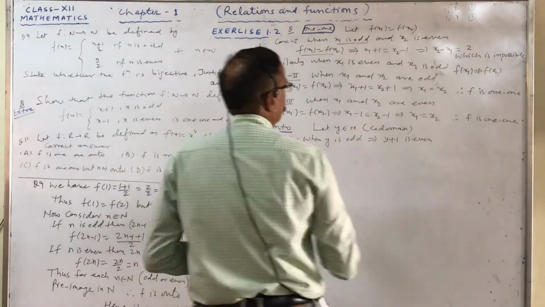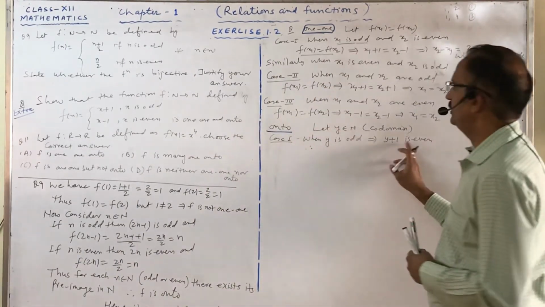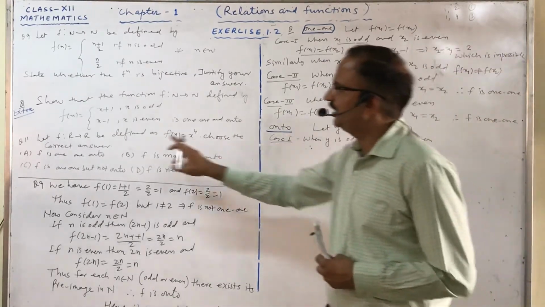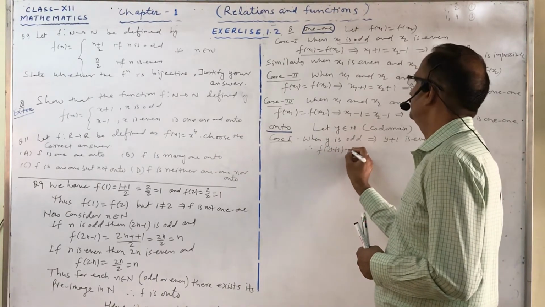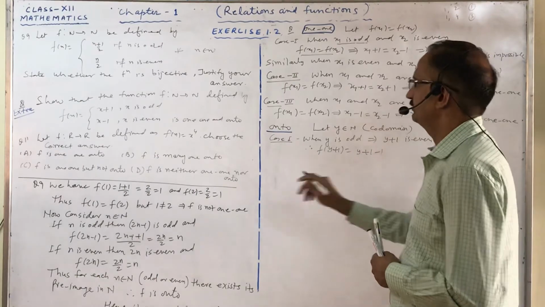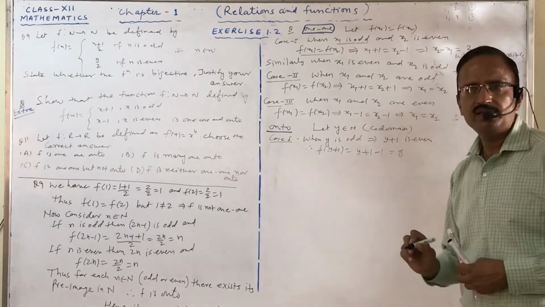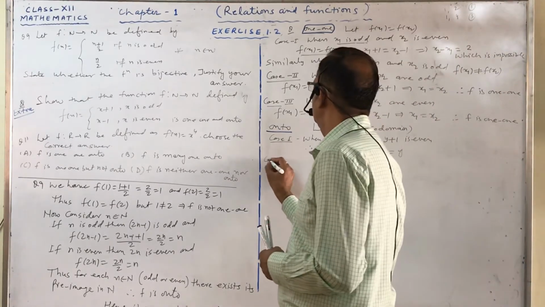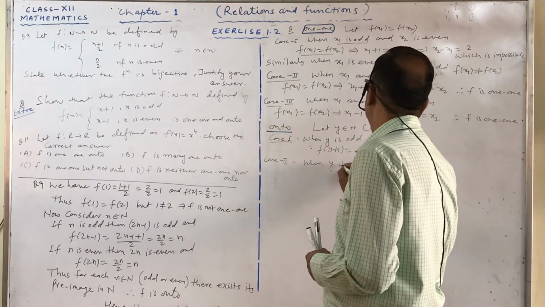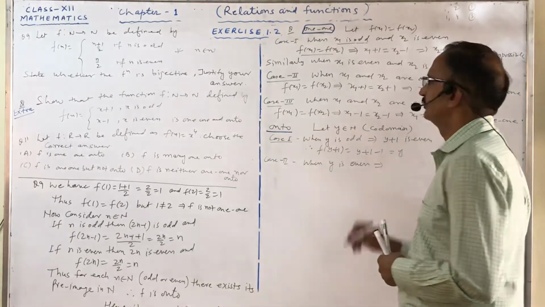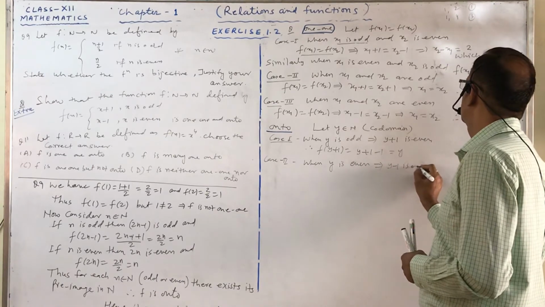Therefore, when we put this y plus 1, since this is even, we will put it in the second function. So we will write f of y plus 1 equals y plus 1 minus 1, which equals y. Now case second, when y is even, then the preceding term is odd.